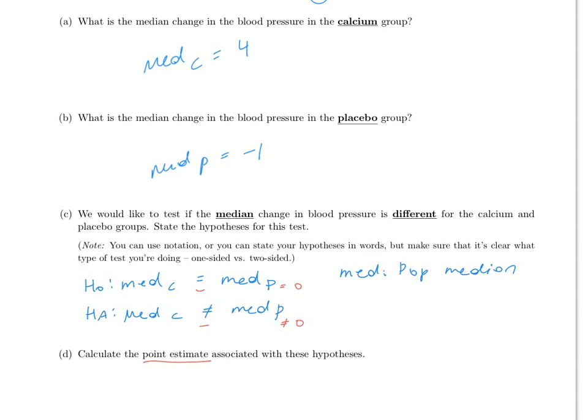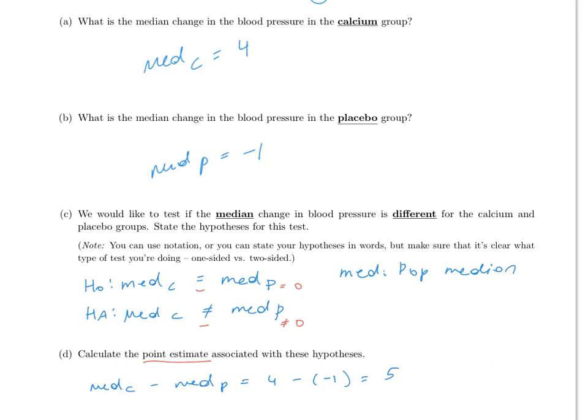So the parameter that we're testing is median C minus median P. What is the value of that parameter from the one sample that we have collected? What is the difference in the sample between median C and median P? That's 4 minus -1, 5.